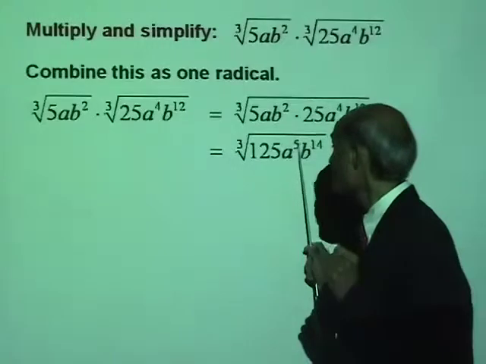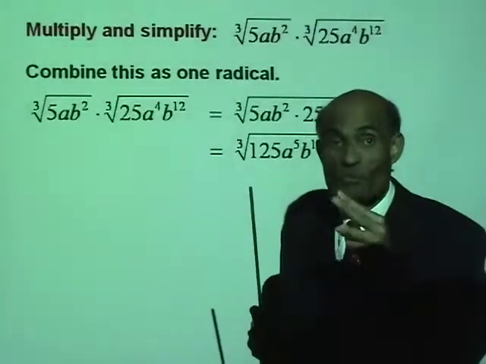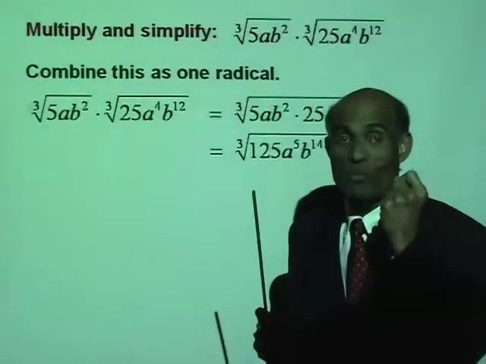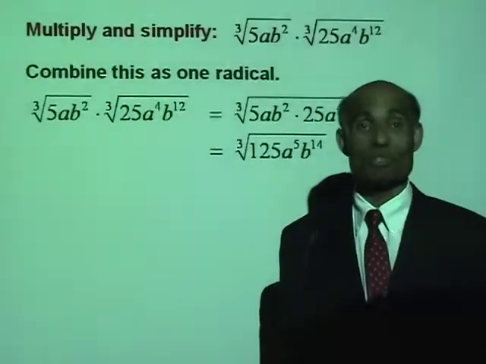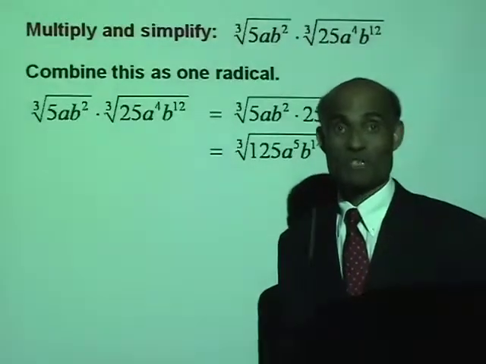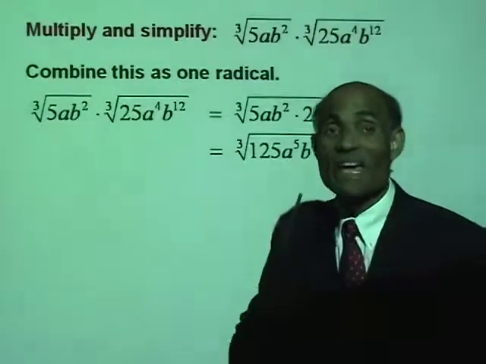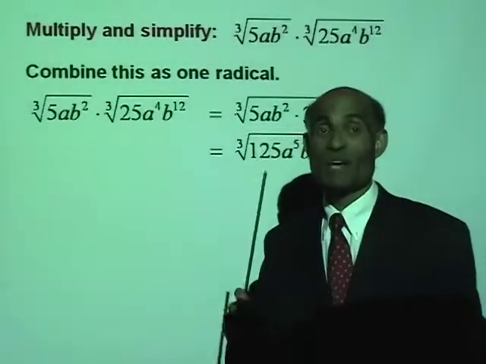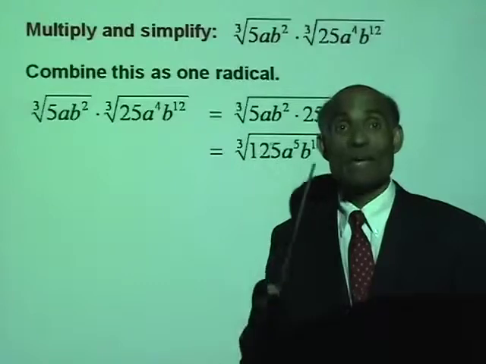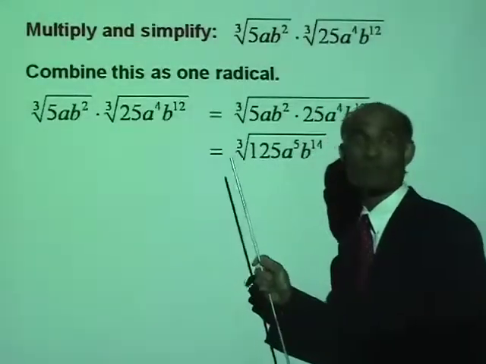So, how will you write a to the power of 5 as the product of two factors so that one of them will be a perfect cube? Well, I know you can tell me that. A to the power of 5 can be written as a to the power of 3 times a to the power of 2. A to the power of 3 is a perfect cube.